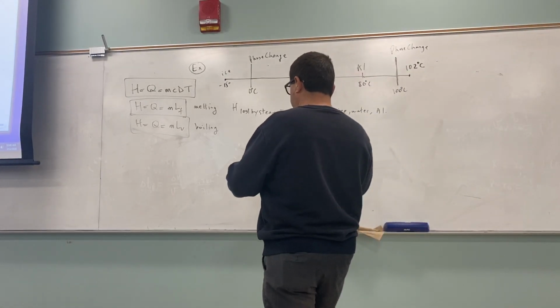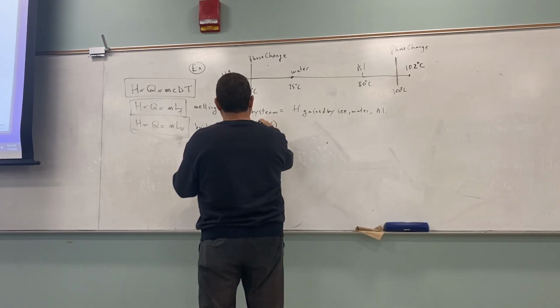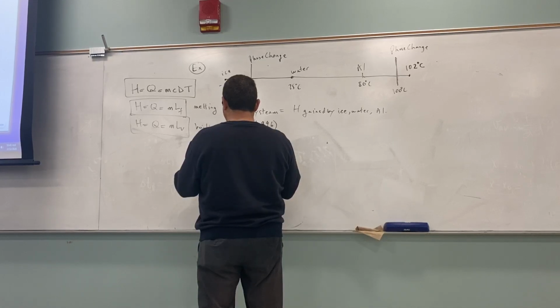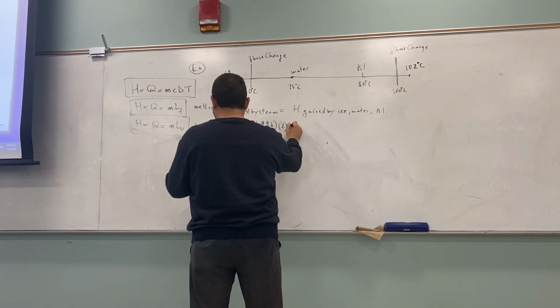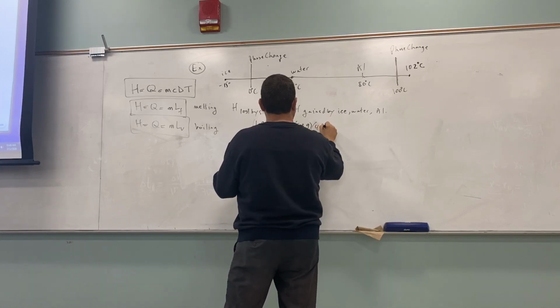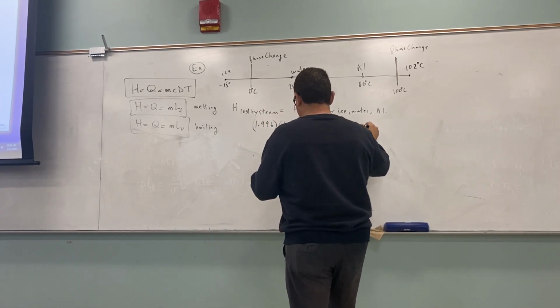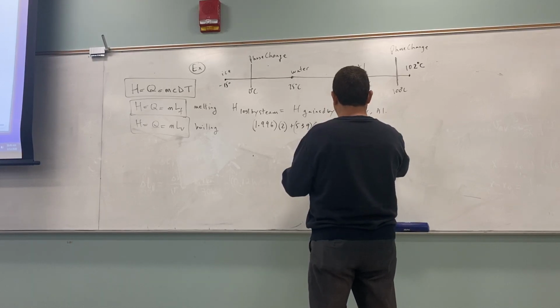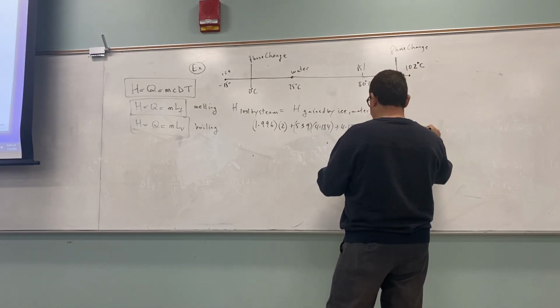Okay, so we've got this 1.996 times, we distribute that in, times 2 plus 539 times 4.184 plus 4.184 times 100 minus 4.184 T_F.